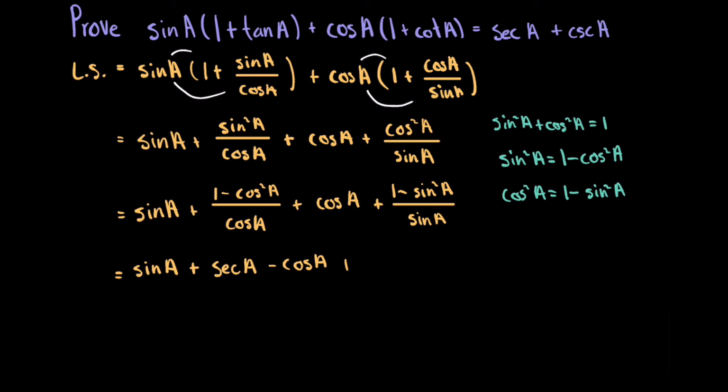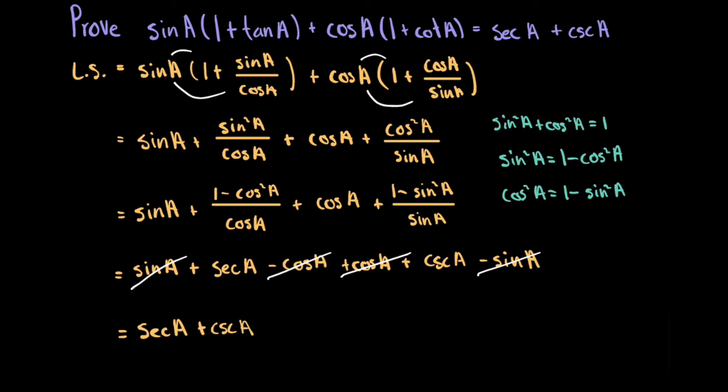Then we have plus cosine A, and plus we have 1 over sine A, and 1 over sine A, that's cosecant A. And then we have minus sine squared A over sine A, that's equal to minus sine A. And we have this long expression now. Let's do some reducing. So sine A reduces with negative sine A, minus cosine A with cosine A, and all we're left with is just secant A plus cosecant A, which is exactly equal to the right-hand side, the desired solution.